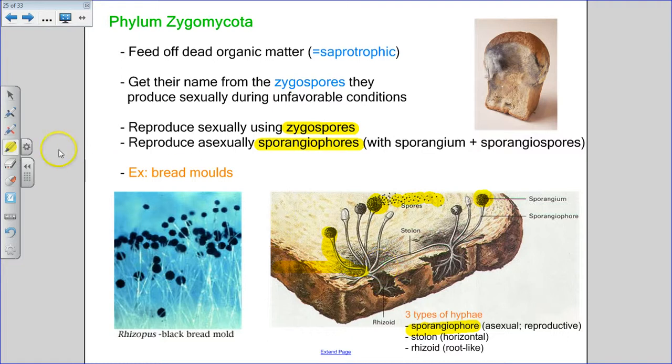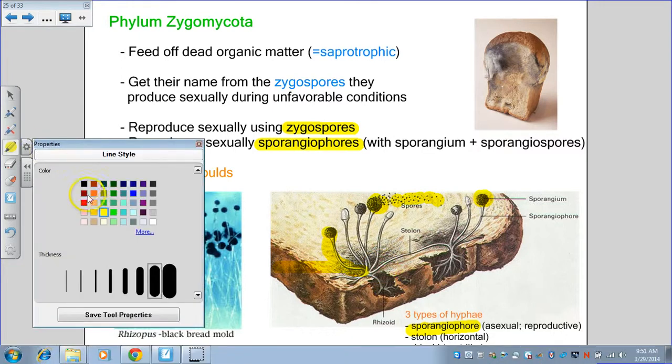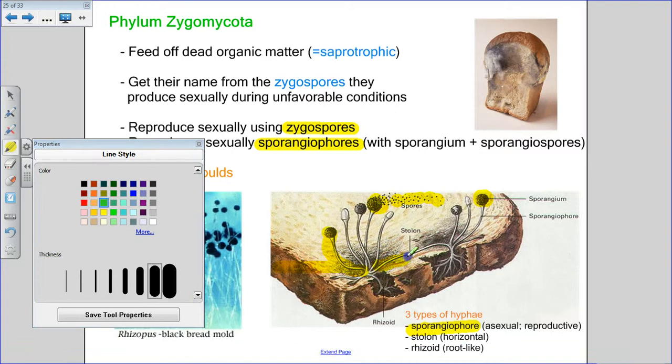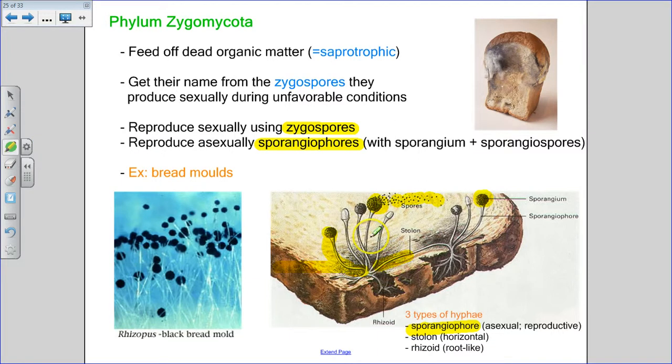The stolon, I wonder, can I change the color? Sure, let's change the color. Oh, there we go. The stolon is this part here. So it's a horizontal hypha, and it's allowing the fungus to spread horizontally across the bread.